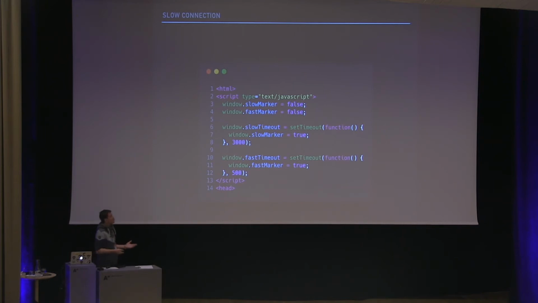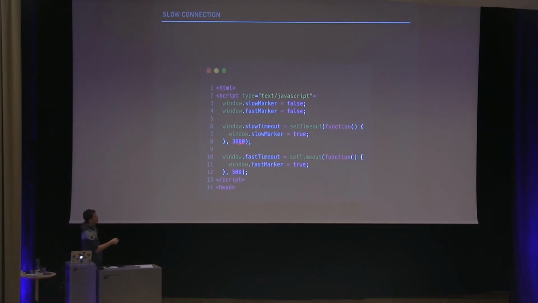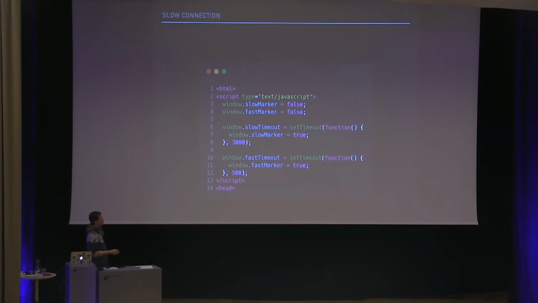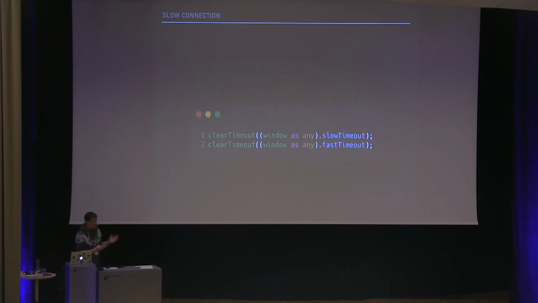And if the clearance of that timeout token is before the 3 seconds end, the function won't be called, so the slow marker would be false. If it turns out that it took me longer than 500 milliseconds to load the polyfill.js file, the fast marker will be changed from false to true, and now I know it. So there's no real magic, that's super simple.